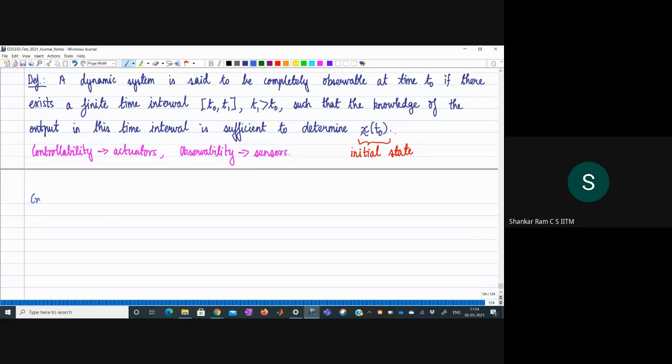Similar to checking for controllability, how do we check for observability?